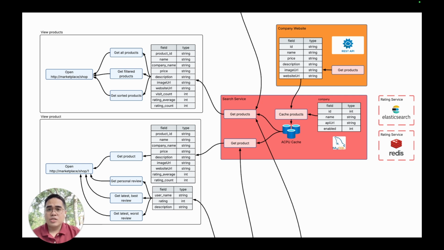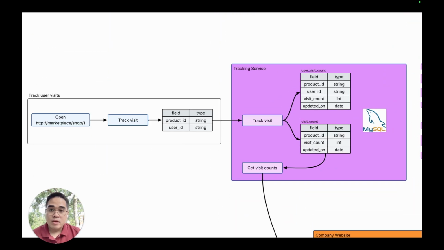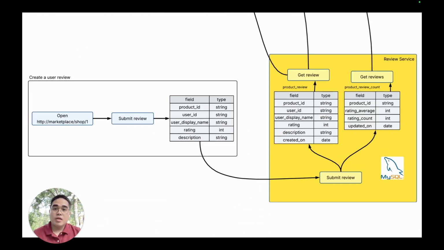A significant challenge we faced was that many third-party services gatekeep essential features like API access and webhooks behind paid subscriptions. To overcome this without a budget, we built our own tracking and review services using a PHP and MySQL wrapper.